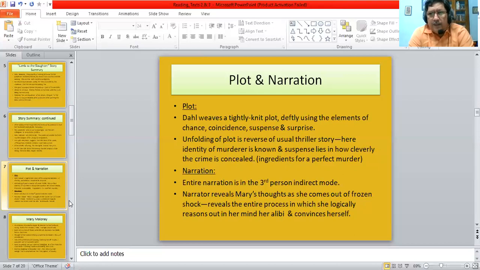The unfolding of the plot is the reverse of the usual thriller story. It is, as I have said, here the identity of the murderer is known, and the suspense lies in how cleverly the crime is concealed. In fact, Mary, and the way that she behaves, provides the ingredients of the perfect murder.